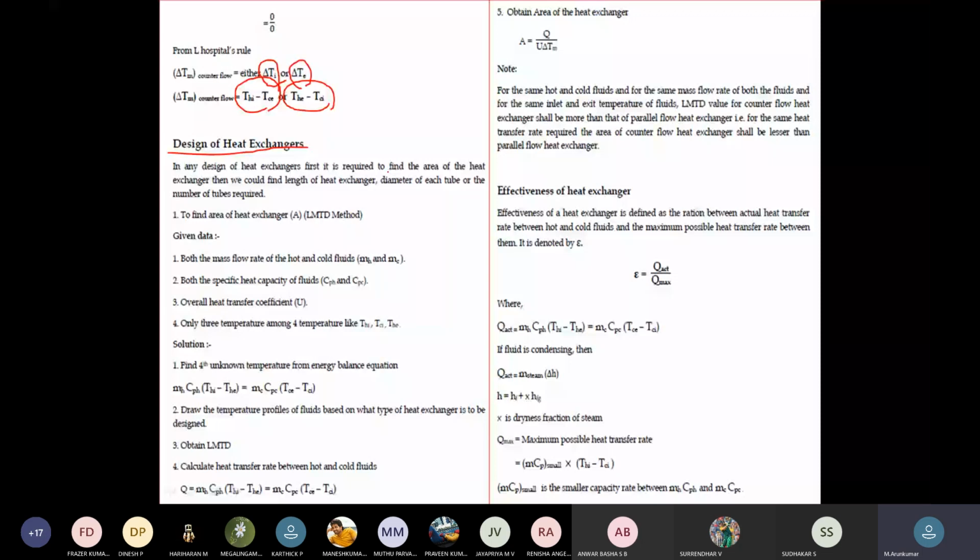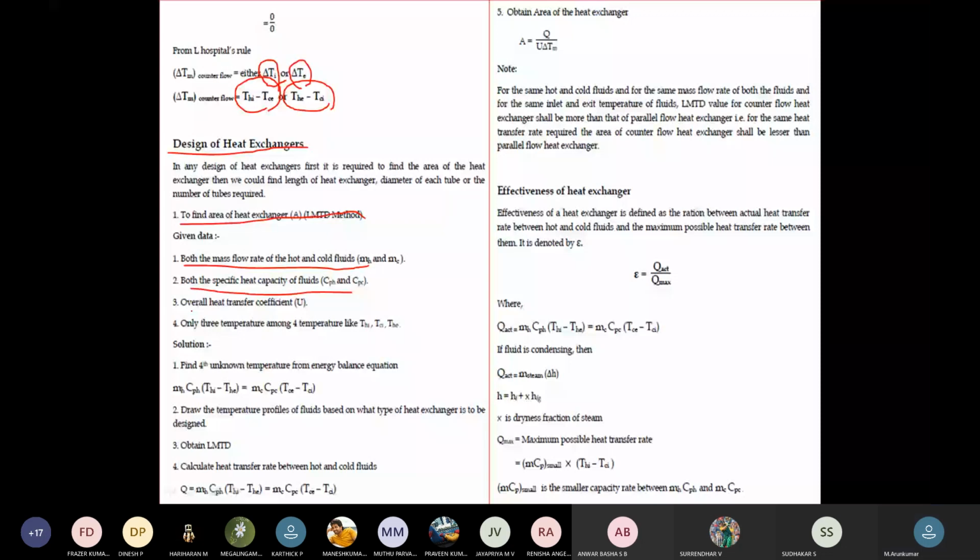Then, to find the area of the heat exchanger with the LMTD method, they give the mass flow rates of the hot and cold fluid, the specific heat capacities of both fluids, the overall heat transfer coefficient, and only 3 temperatures among the 4 temperatures.